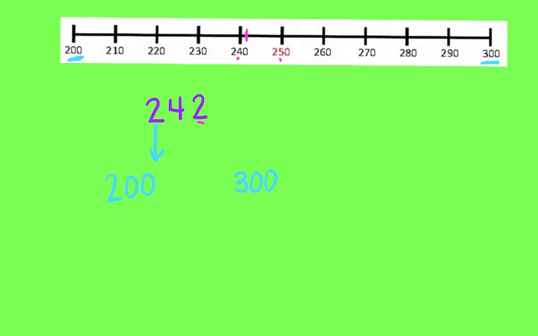Since 242 is less than 250, which is halfway, I'm going to round 242 down to 200. So really you're thinking about, is this part, the tens and ones, less than 50? If it's 50 or more, it rounds up. If it's less than 50, it's going to round down.